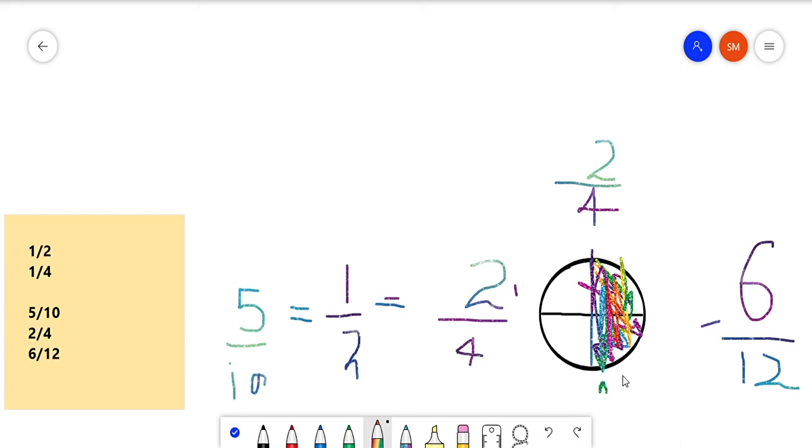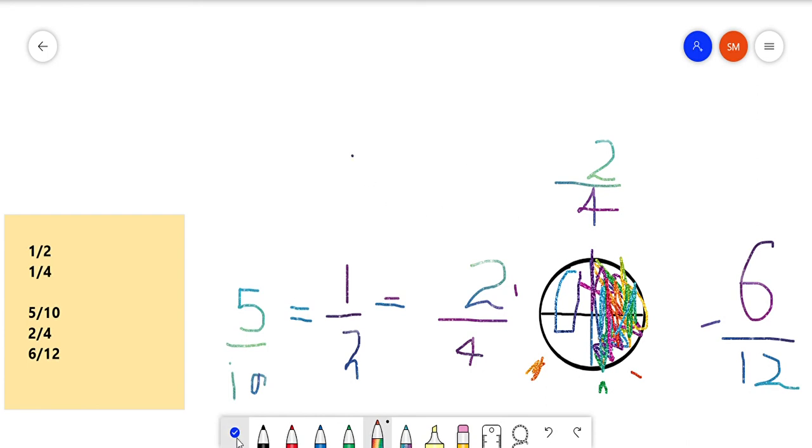This is the right part, and this is the left part. They look identically the same, but this forms 1 half.